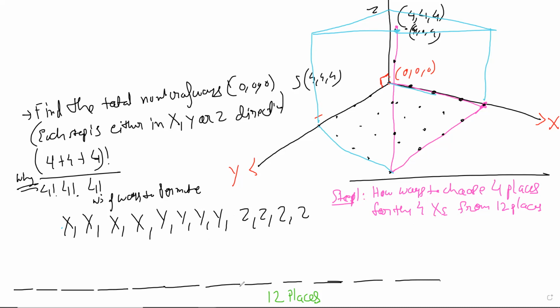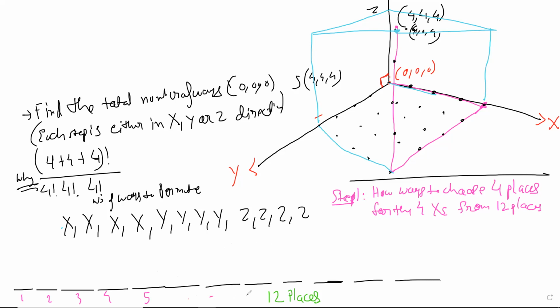So see, all these places are distinct. The places are distinct: this first place, second place, third. You should not get confused with this. The x's are all the same, the y's are the same, and the z's are the same. But the places are distinct, and you want to choose 4 distinct places from 12 distinct places. That's all it is.